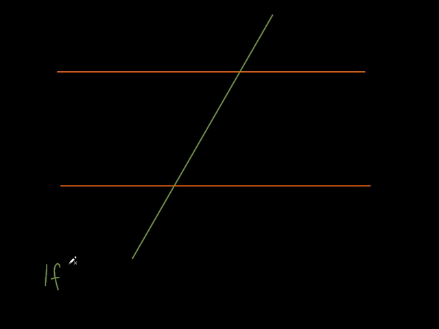If two lines, not parallel, just any two lines, are cut by a transversal, and if the alternate interior angles are equal, then what do you think might be true? Let's put some alternate interior angles in here. Let's say that's 3 and that's 4.